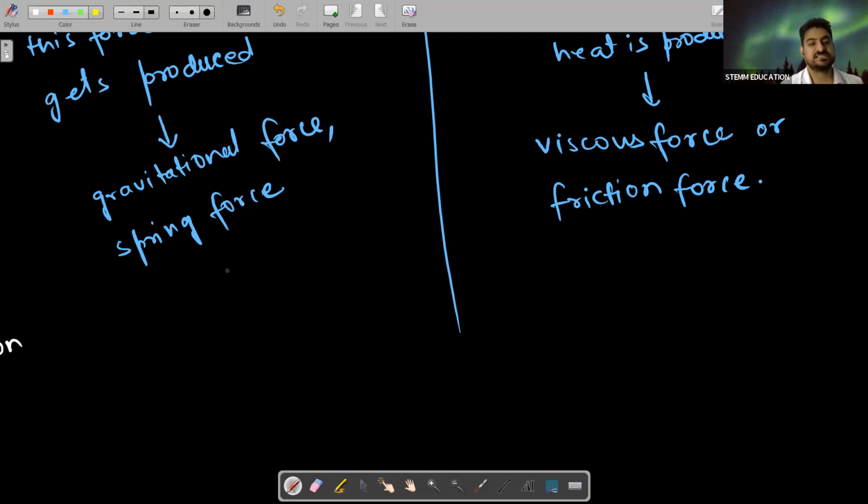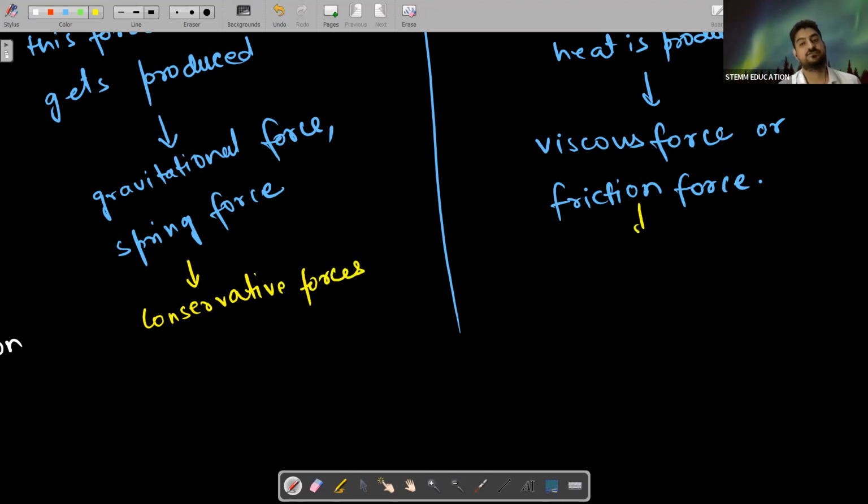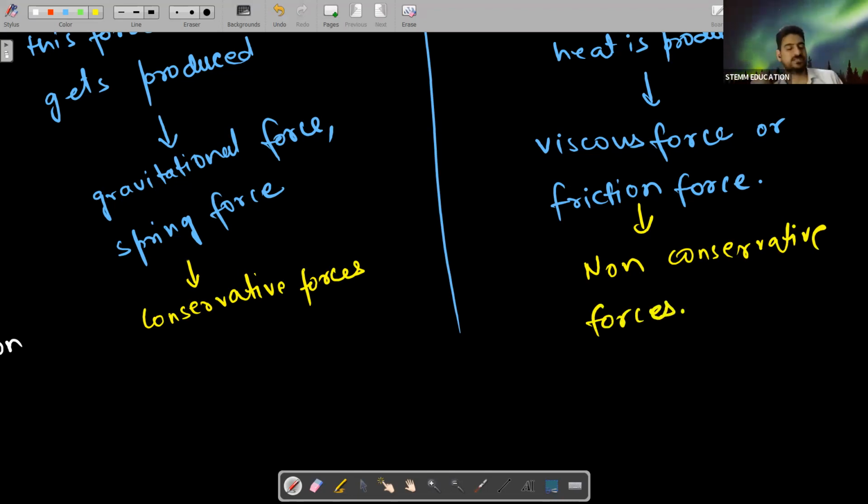Okay. So such kinds of forces are known as conservative forces. And such kinds of forces are known as non-conservative forces. So how would you know whether some force is conservative or non-conservative?